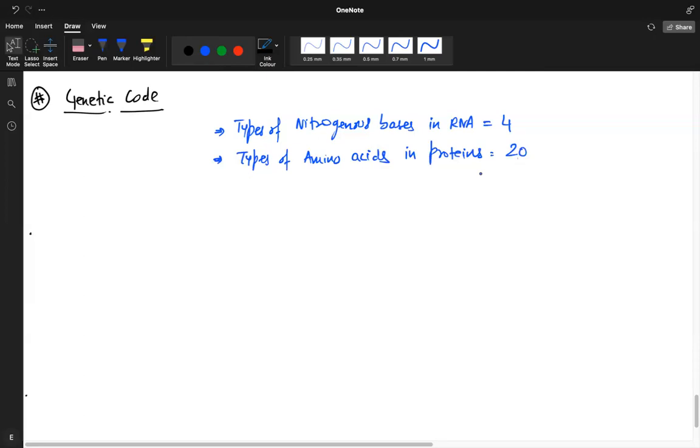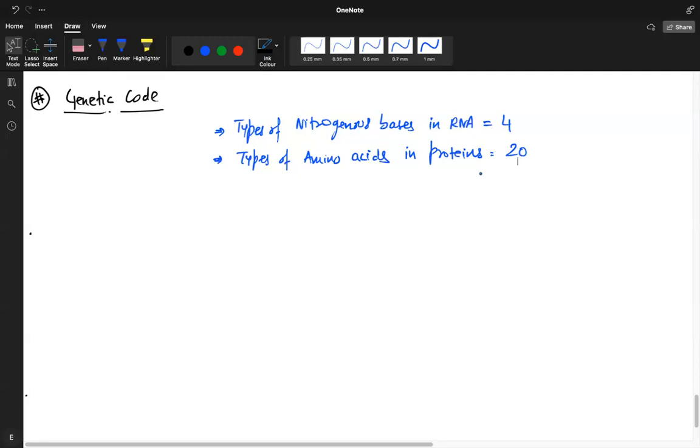We have discovered 2 more amino acids, but those are not very unique amino acids. Those are just modified forms of already existing amino acids from the 20. So the 2 extra amino acids are not something very unique and different. That's why we do not study it at this level. But if anyone is interested, please go and find out what the 2 extra amino acids are.